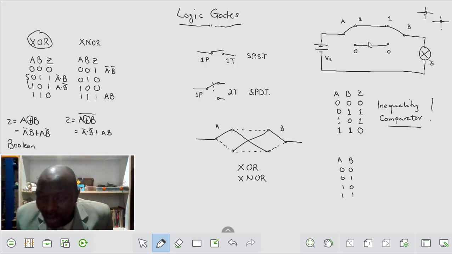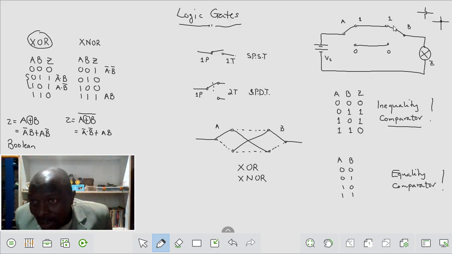So it's not difficult to actually remember this, because the equal sign will obviously give us the equality comparator. It will compare, and when they are equal, it will be happy. Now they are already equal, they're on 1, and you are getting a continuous circuit.